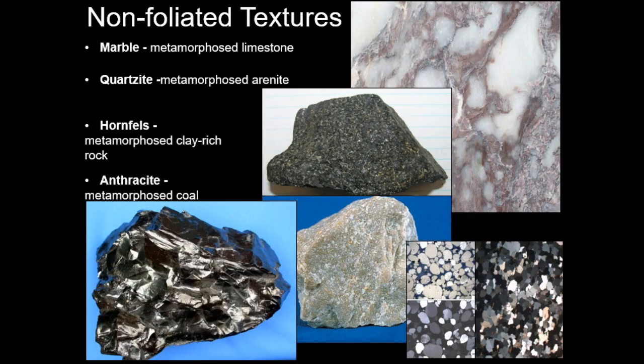In contrast to foliated textures, non-foliated textures are those where there is no alignment and parallel lines of the minerals within the rock. They typically form in environments where the deformation is minimal, or when the parent rock itself is composed of minerals that develop equidimensional crystals rather than tabular or elongated shaped crystals. So these textures tend to develop where there is no differential stress overall, as we'll see later on as well.